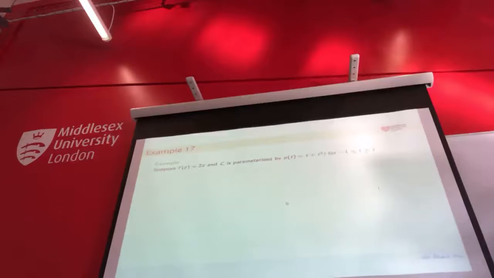All right, so let's just do an example. It's worth doing an example of these things, just to see how they are done. They're fairly straightforward if you've got the parameterization. Working out the parameterization is less straightforward sometimes, but it is nevertheless doable. So what's the difference between dot product and multiplication?